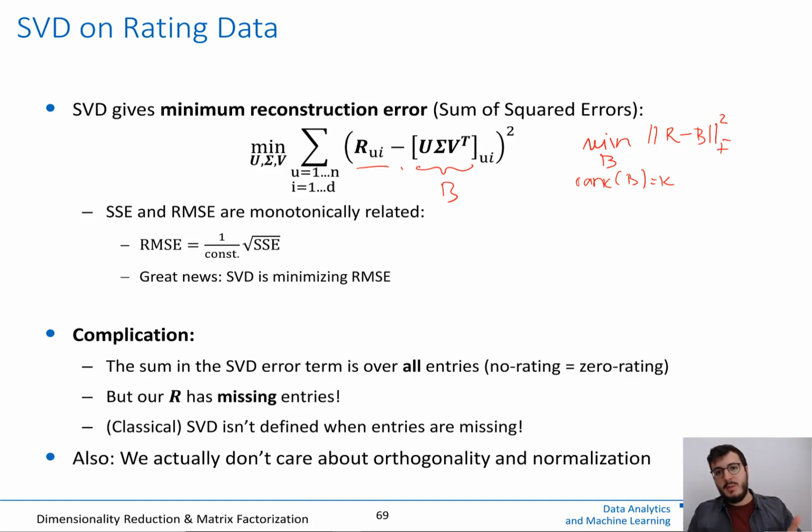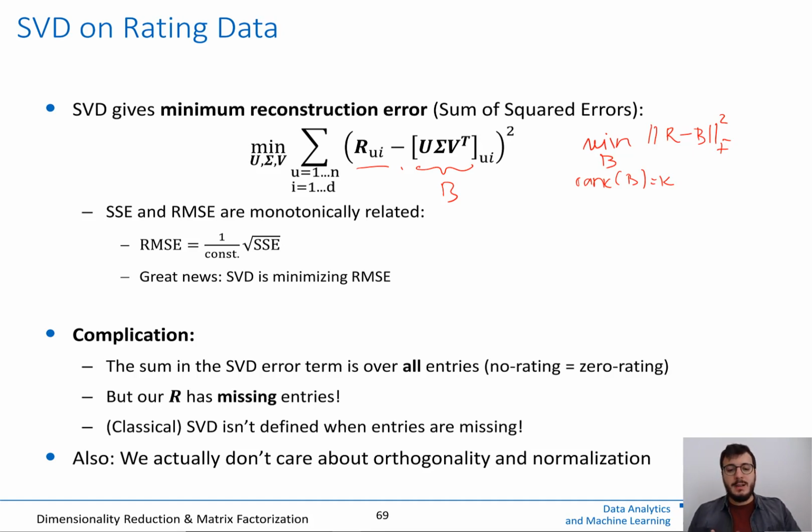So instead of taking the sum, we're taking the mean, and it also has the square root. So basically, SVD already is minimizing the root mean square error because it is minimizing the sum of squared errors, right? So this seems perfect. Great news. The RMSE was our metric, and SVD is directly minimizing our metric. It's directly minimizing our error.